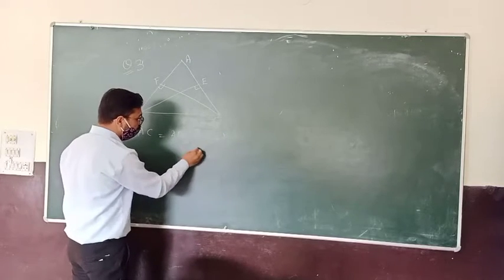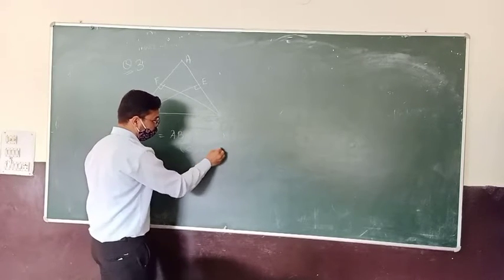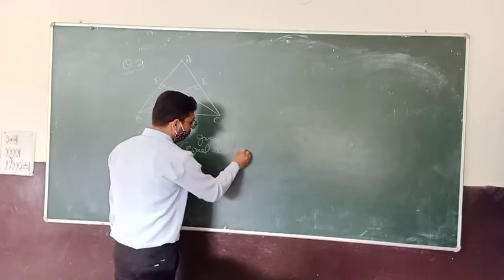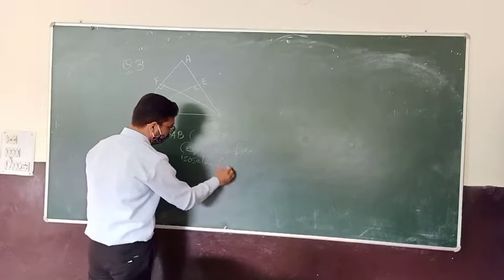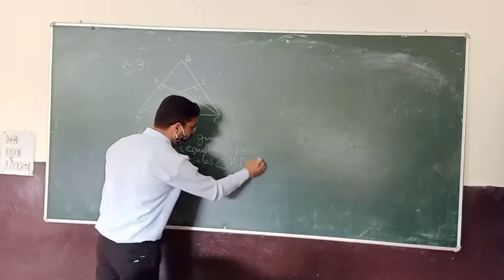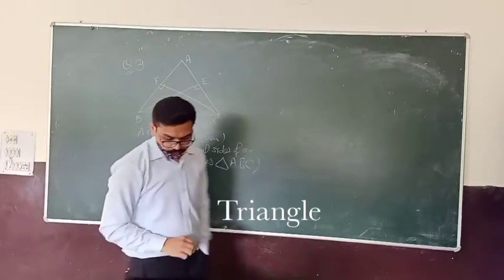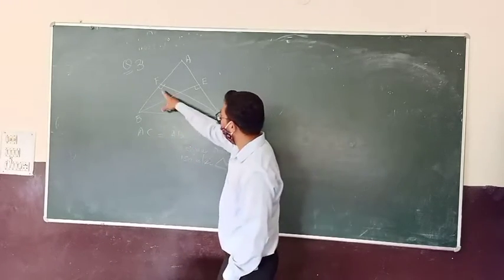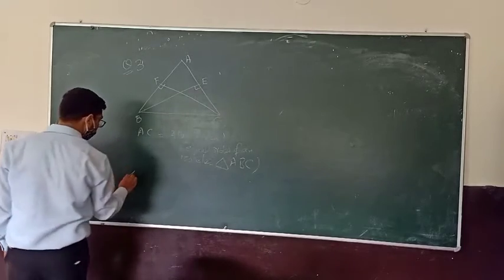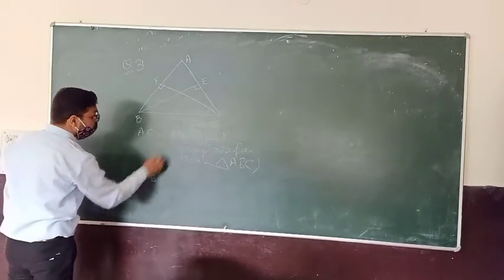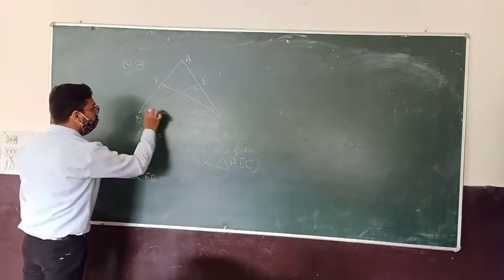Either you can write equal sides of an isosceles triangle ABC. Any doubt? No, sir. Now next thing is given, you can write angle CFB is equal to angle BEC.